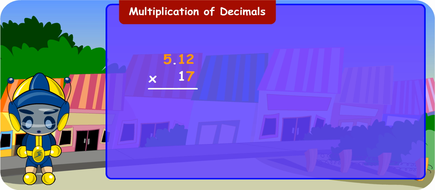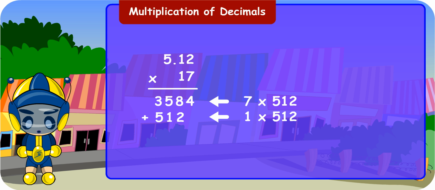7 times 512 equals 3584, and 1 times 512 equals 512. I add 3584 and 512 to get 8704.